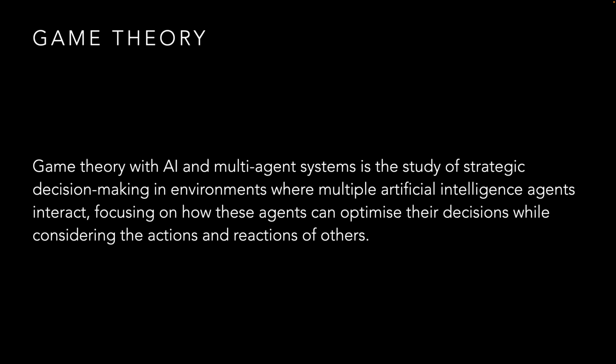So going back to how game theory interacts with AI, like autonomous systems. Game theory with AI and multi-agent systems is the study of strategic decision making in environments where multiple artificial intelligent agents interact, focusing on how these agents can optimize their decisions while considering the actions and interactions of others.